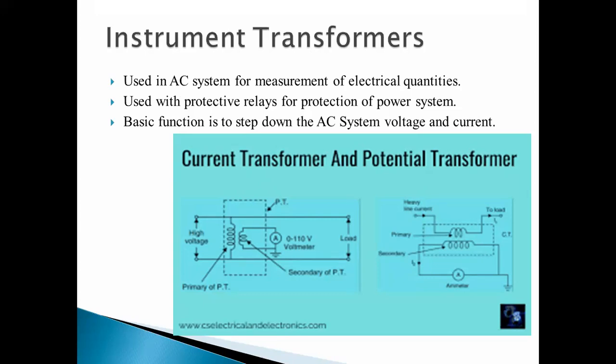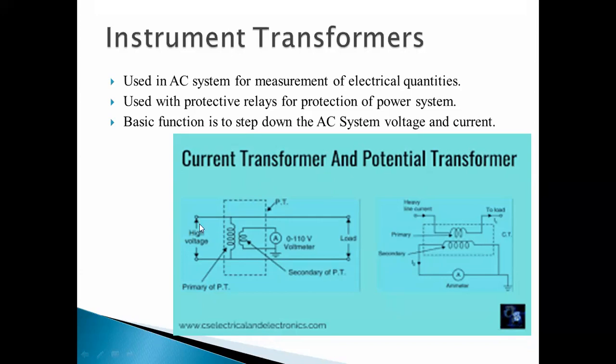The current transformer decreases the level of current from 100 ampere to 5 ampere, and for the potential transformer, the voltage can also be reduced, with 110 kV the maximum measurable voltage.